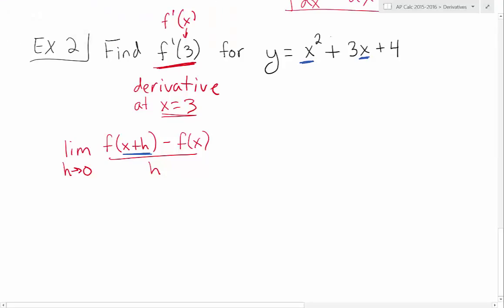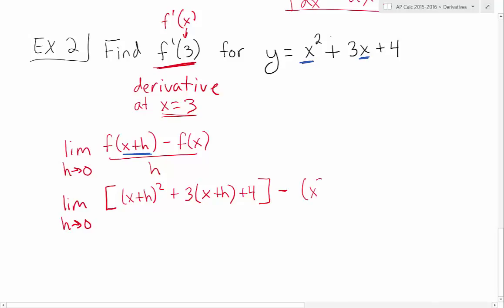So I like to write this with a bracket: the limit as h approaches 0 of (x plus h) squared plus 3 times (x plus h) plus 4 minus, and then f of x would be x squared plus 3x plus 4.